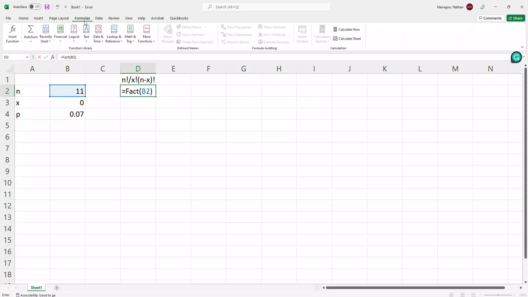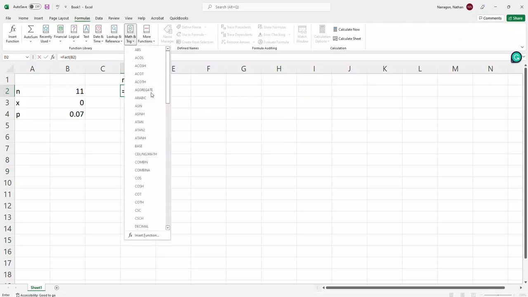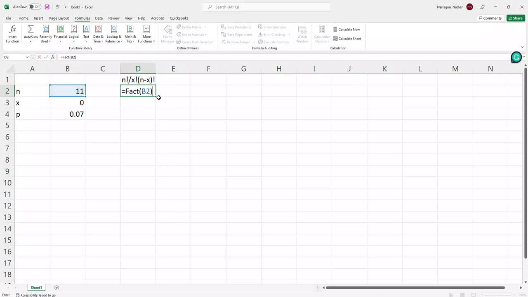If you ever need to look up the formula, you can find it under Math and Trig, and there's factorial. You can also search for it by clicking Insert Function and typing in factorial. So we're going to divide, and I'm going to put this all in parentheses.